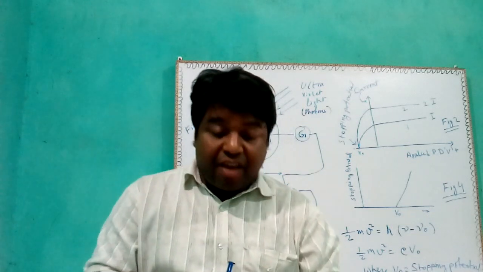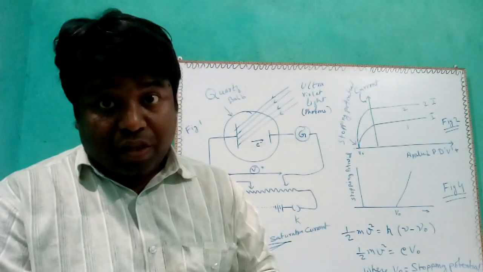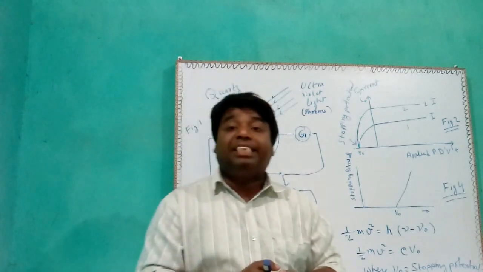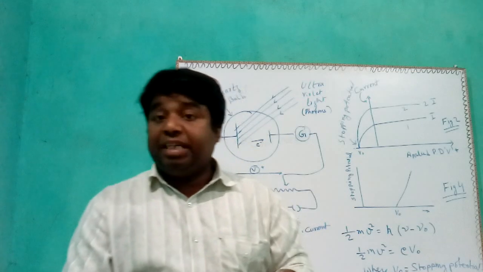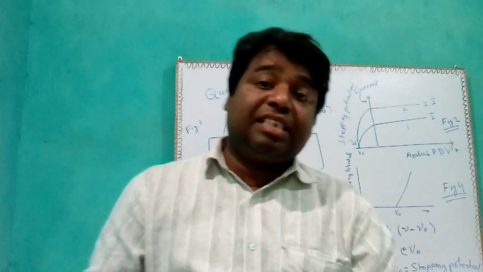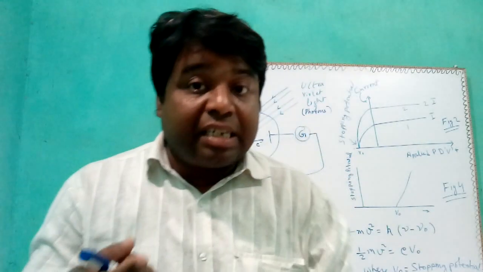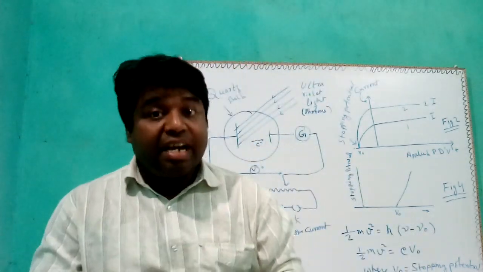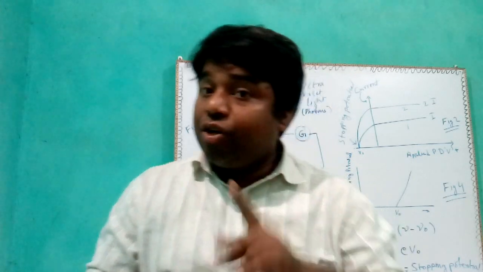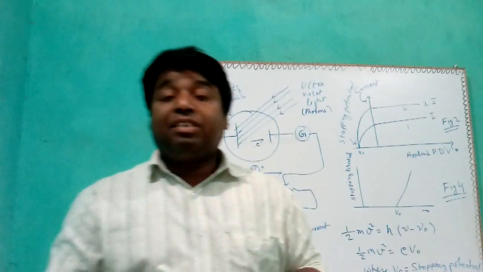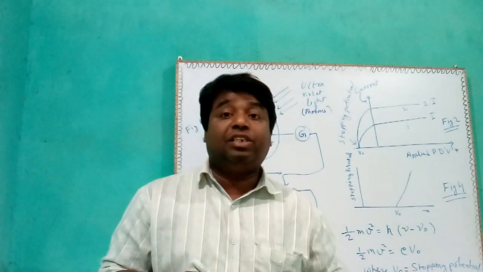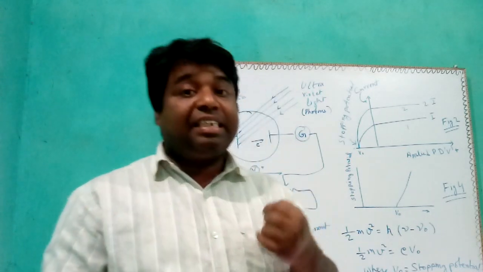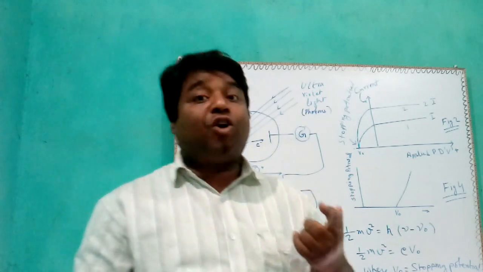The third is the effect of frequency. What actually is frequency related with? E is equal to h nu, meaning a photon will be higher in energy if its frequency is high, and lower in energy if its frequency is low. Is it clear? So now E is equal to h nu. If my photon has sufficient energy, it will liberate an electron.